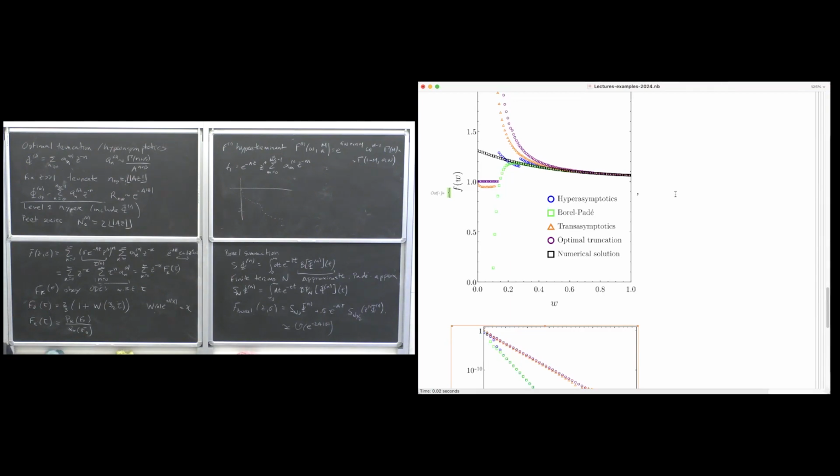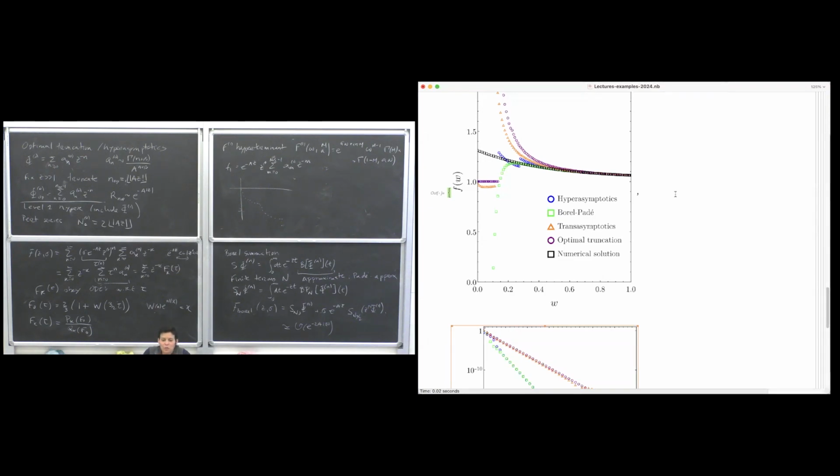So if f0 was x, these would be polynomial over polynomial of order k. But f0 is not x, it's a Lambert W function, so it becomes more complicated, but these are rational functions of f0. And again, you can calculate them.